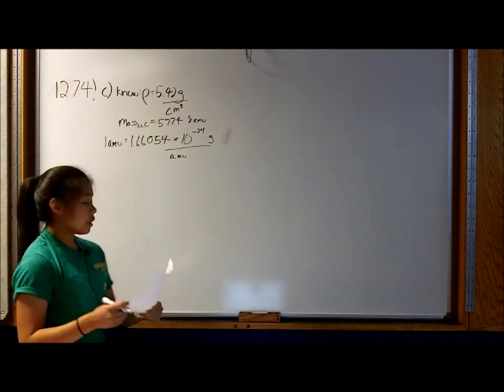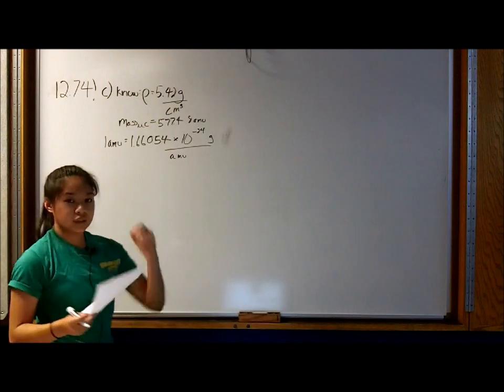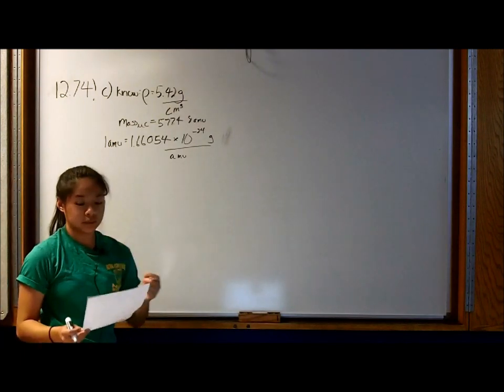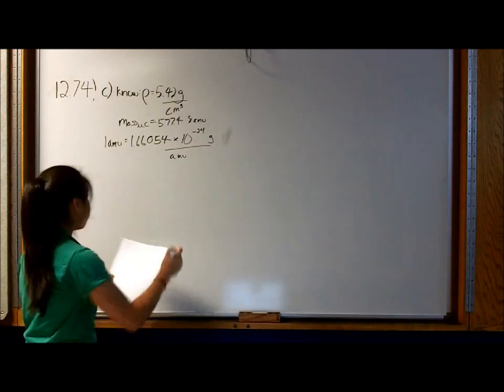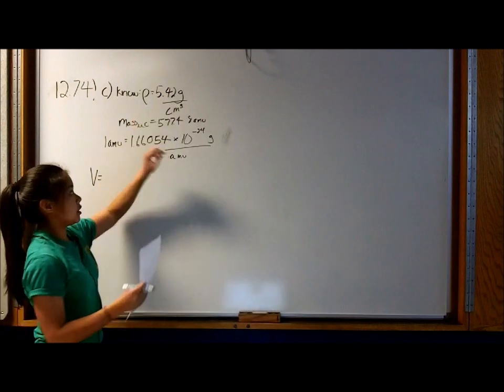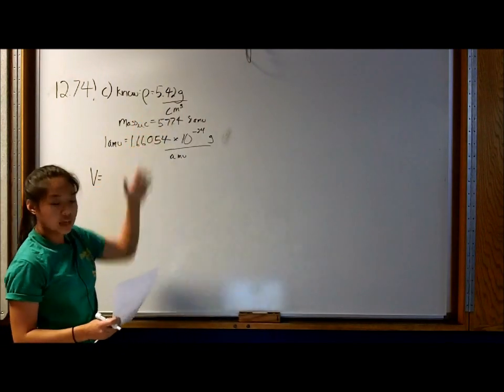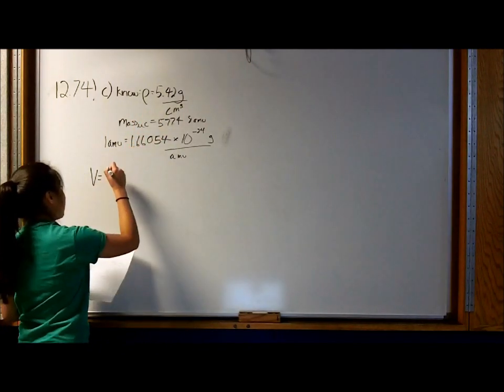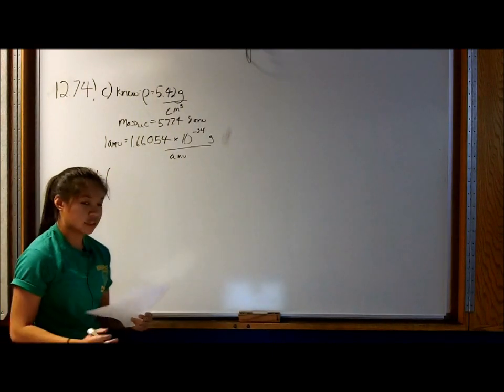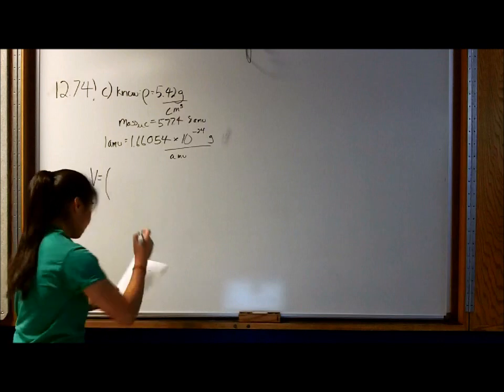Now we have to somehow get to a volume. In this case, your volume is going to be in centimeters cubed. So you want to look at a way to get the centimeters on top. I'm going to start off by essentially flipping the density so that I get centimeters cubed on top.